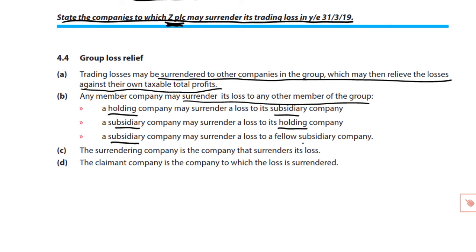It can be sub to sub. So it doesn't matter, as long as they're bound within the effective 75% group, any one of the companies may be the surrendering company, the company that surrenders its loss, to the claimant company, the company to which the loss is surrendered, i.e. the company claiming that group relief there.